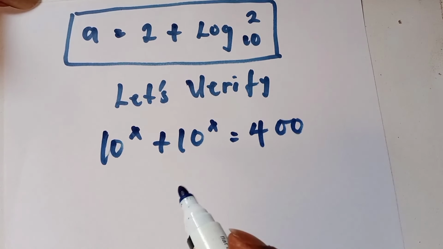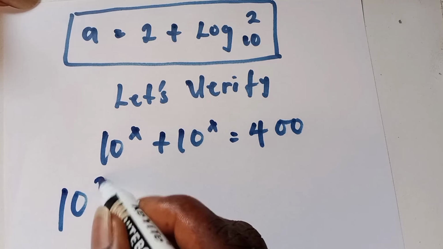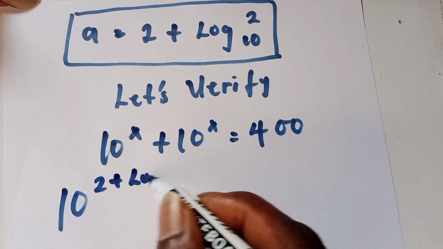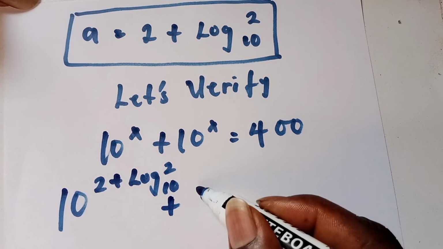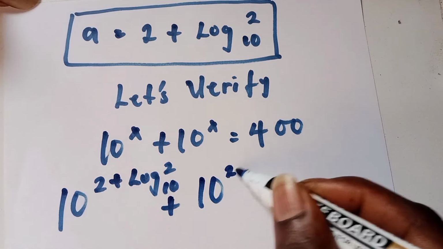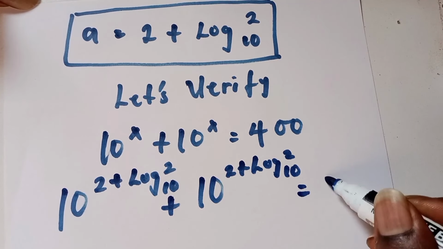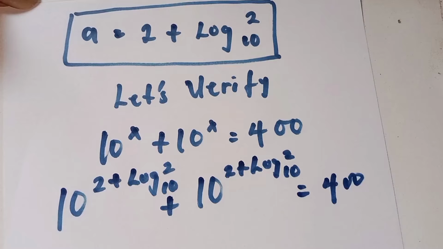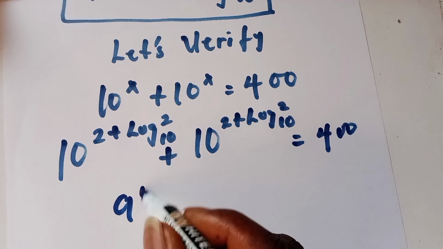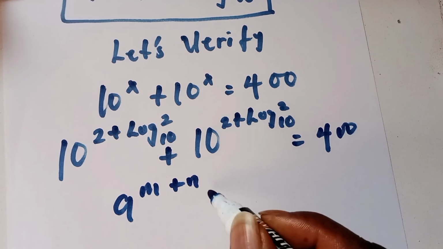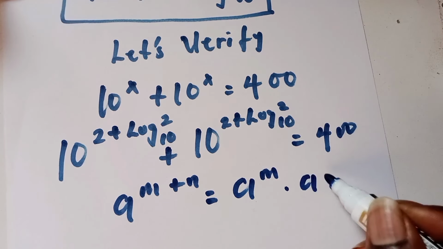So if we substitute the value of a, that's 2 plus log 2 base 10, we have 10 raised to power 2 plus log 2 base 10, plus 10 raised to power 2 plus log 2 base 10 is equal to 400. Now when you have a raised to power m plus n, it is the same as a raised to power m multiplying a raised to power n.